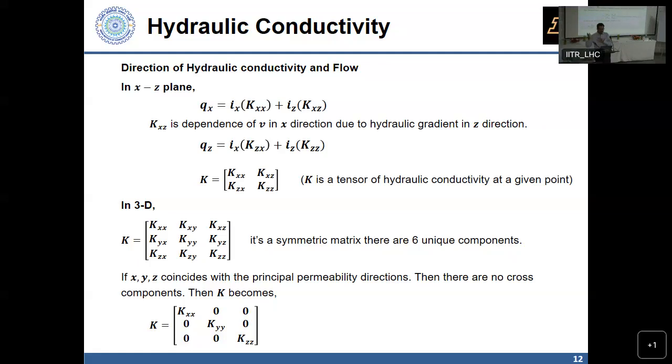You can talk about when that could be neglected and when it's important. But if flow is essentially two-dimensional, then instead of conductivity, we use transmissivity, which is a property of the aquifer, because now we are talking about how much flow is occurring throughout the thickness of the aquifer.